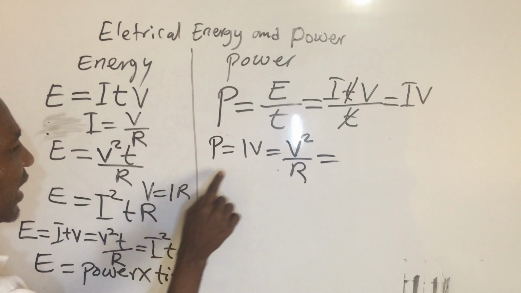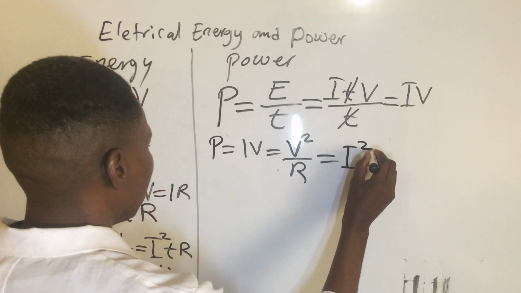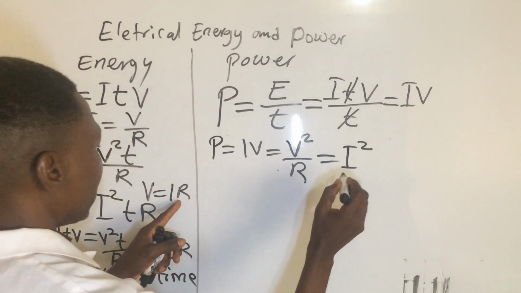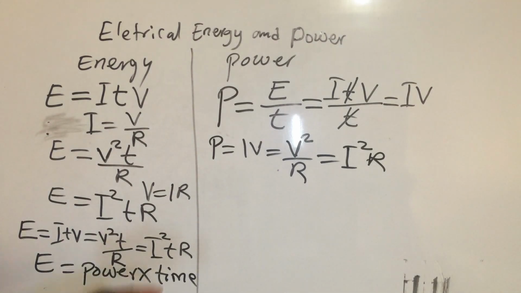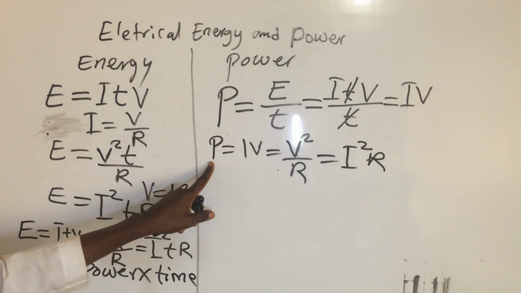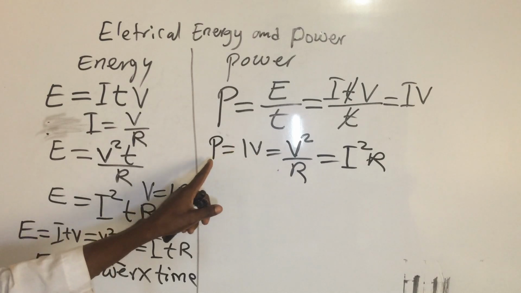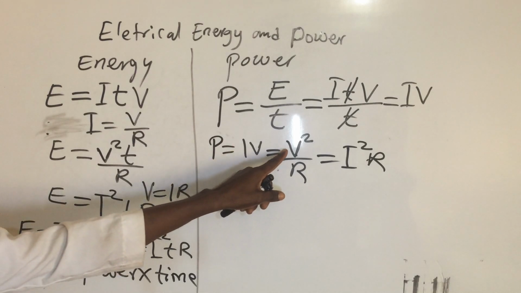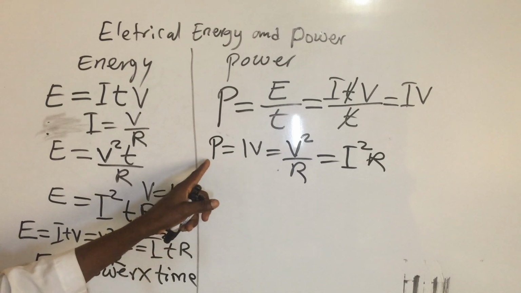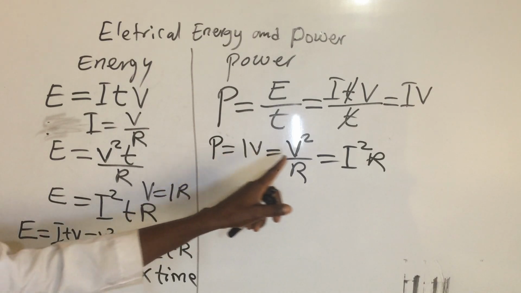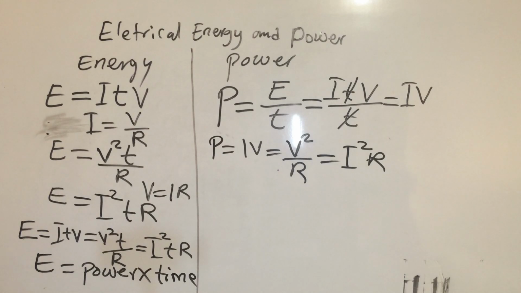It will now be current times current, which will give us current squared, times R. So we can now calculate electrical power with current times voltage, or we can calculate electrical power with voltage squared all over resistance, or we can calculate electrical power using current squared times resistance.